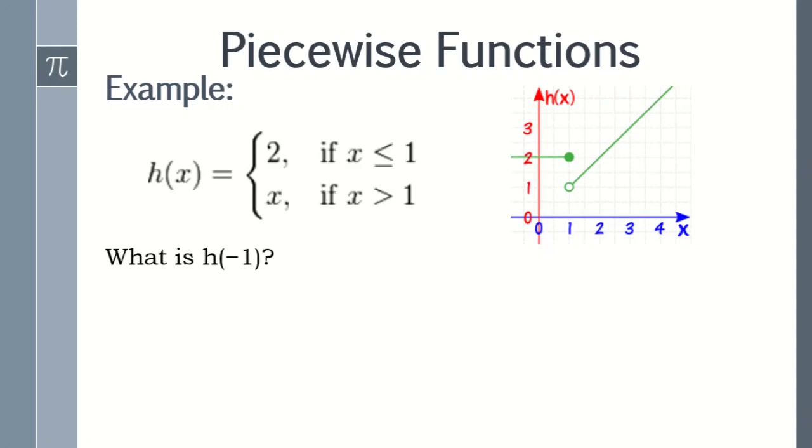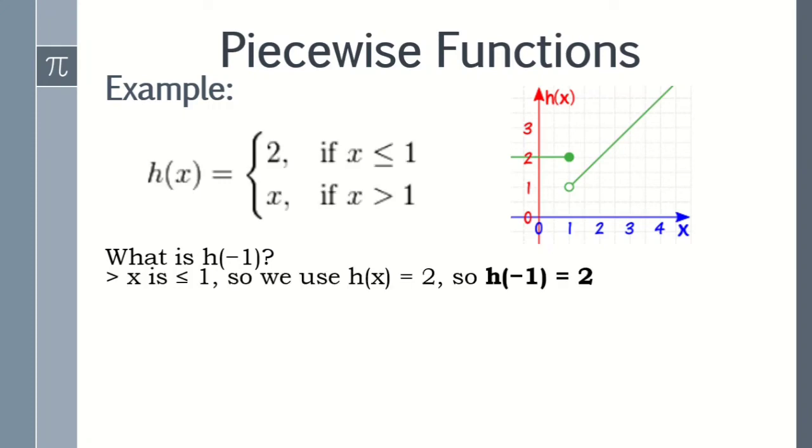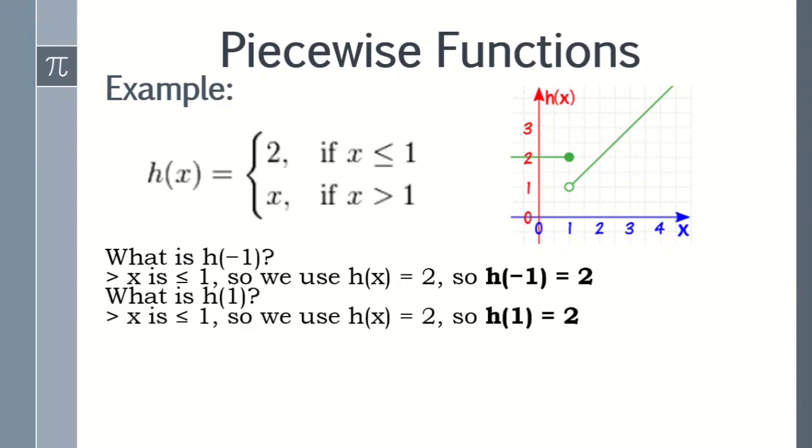Okay, what is h of negative 1? Since x is less than or equal to 1, we use h of x equals 2. So h of negative 1 is equal to 2. Next, what is h of 1? Again x is less than or equal to 1, so we use h of x equals 2. So h of 1 equals 2.